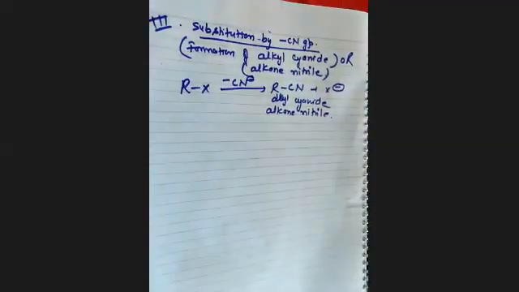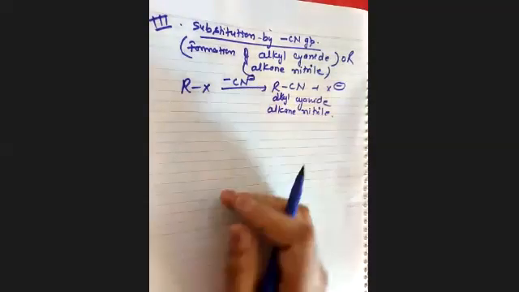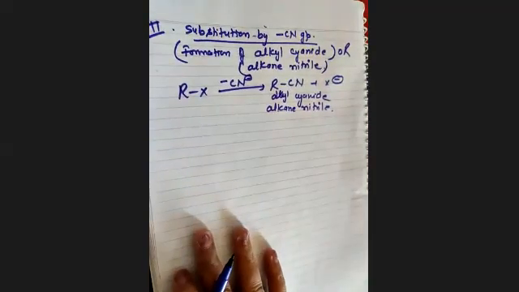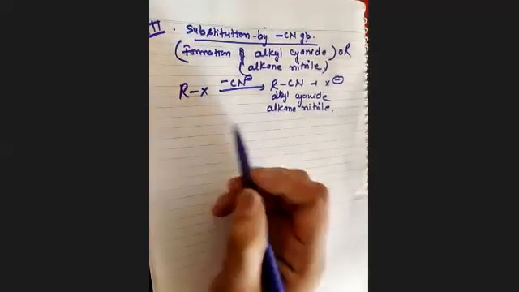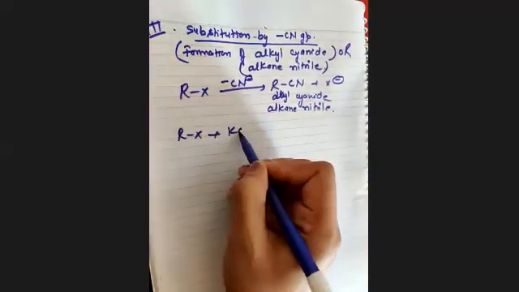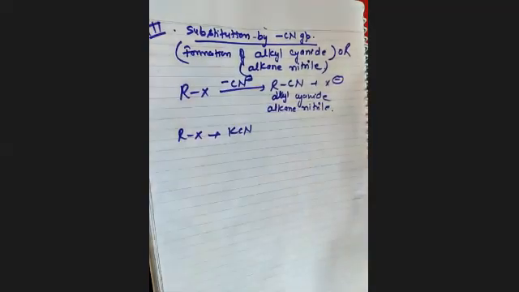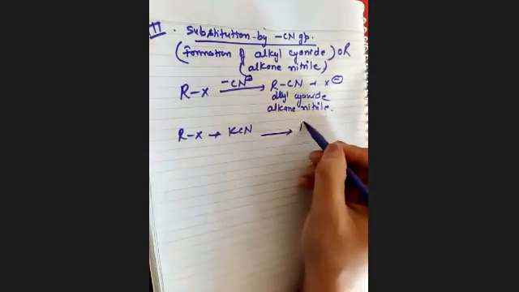Okay. So let's understand these types of reactions with the help of examples. Yes, one more thing, beta. RX plus KCN. KCN is considered to be the best source of CN group. Note it down.